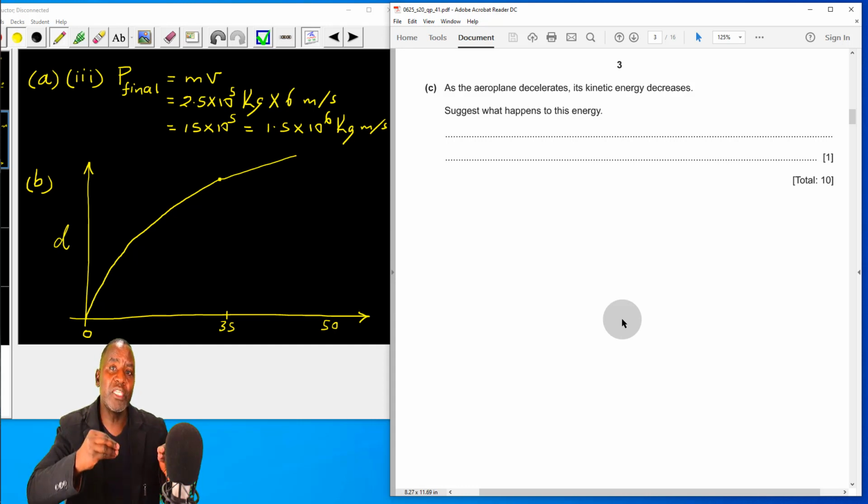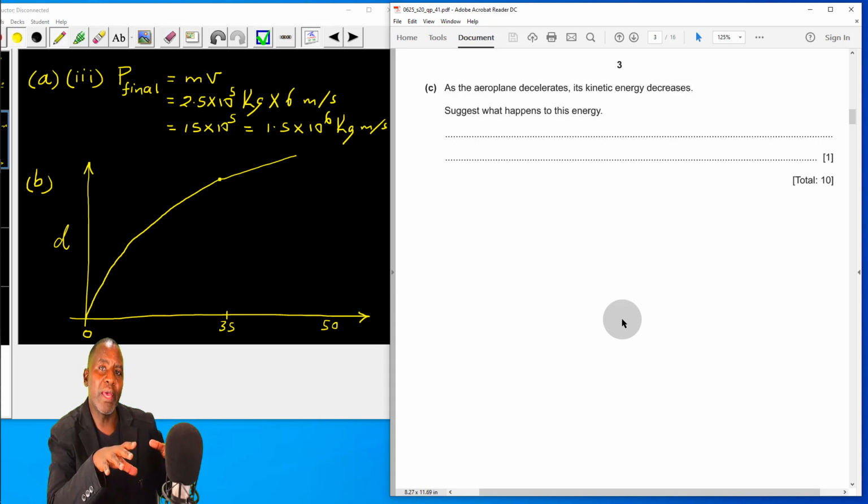It is heat energy. So that kinetic energy is being converted into thermal energy or heat energy, or you can say it is converted into internal energy of the surrounding air, or the heat energy of the bodywork of the aeroplane, because the aeroplane must become a little bit warm. That is the surface of the aeroplane.